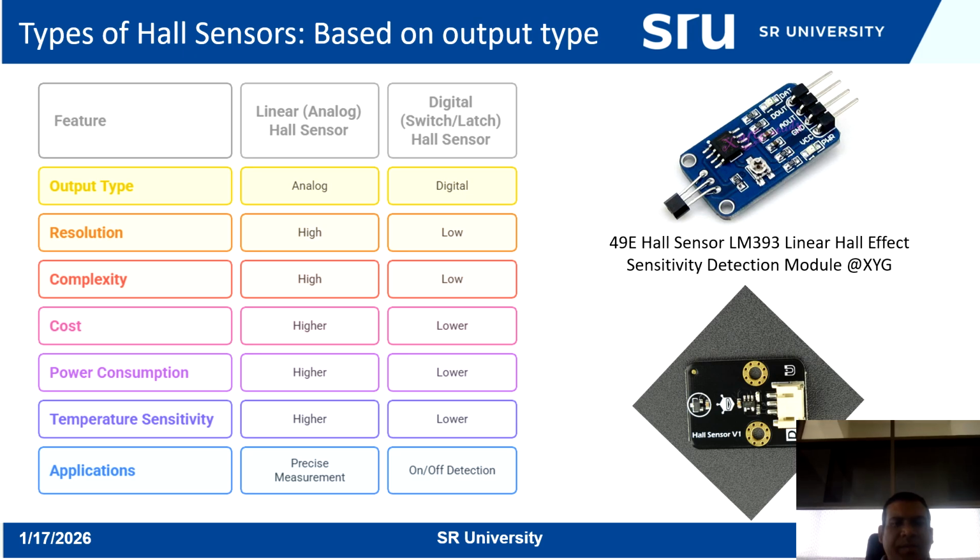Next one is, so now I am going to discuss in detail about this based on output. So linear or analog Hall sensors. In linear and analog Hall sensors, the output is a continuous analog voltage proportional to the magnetic field.